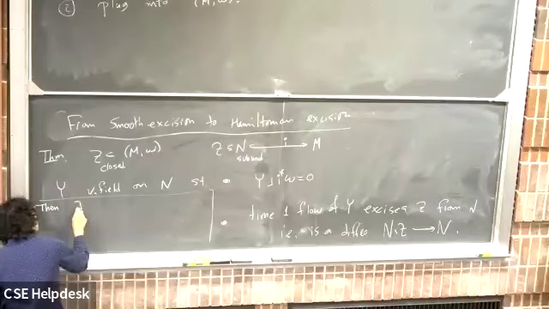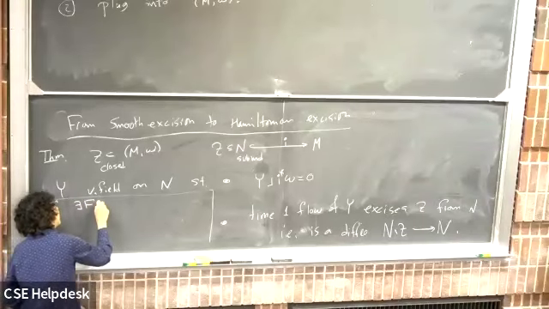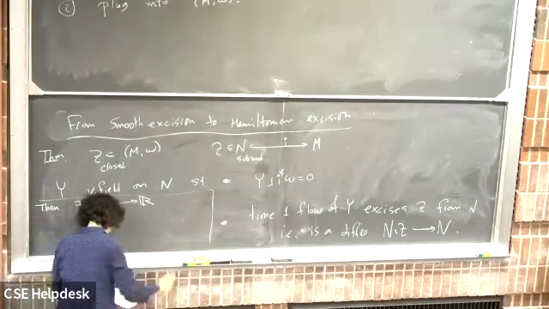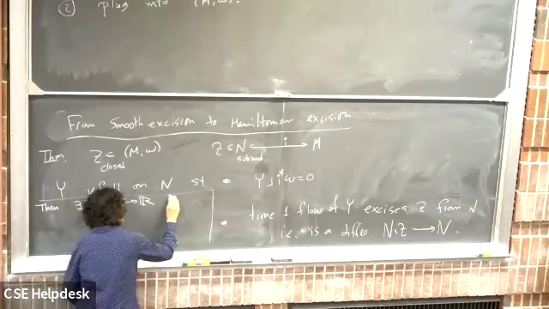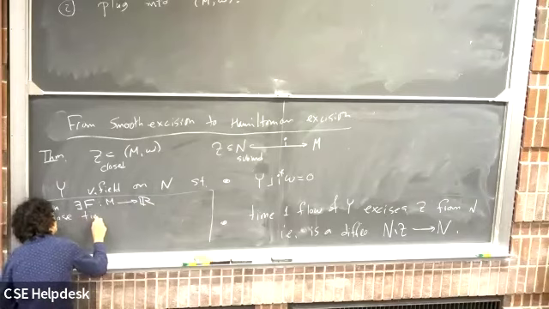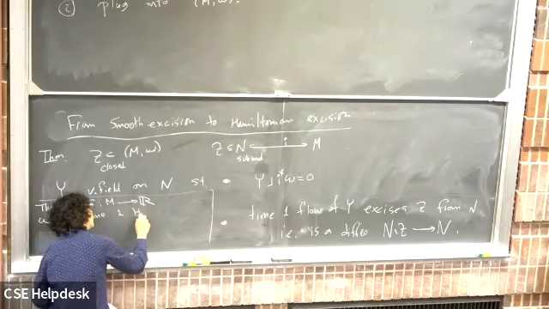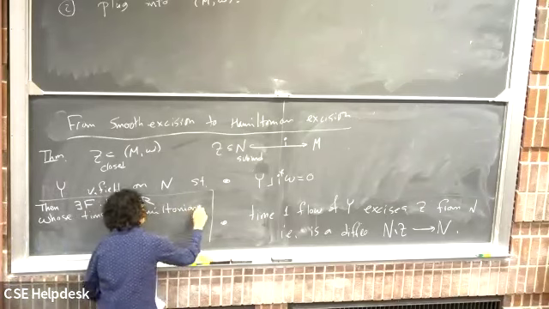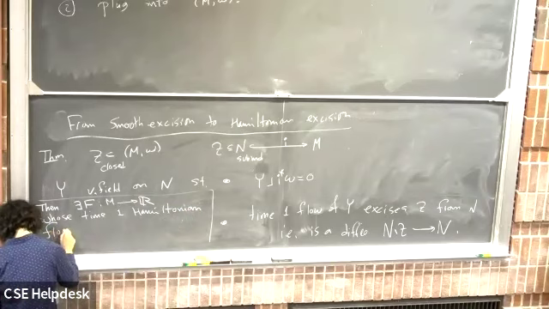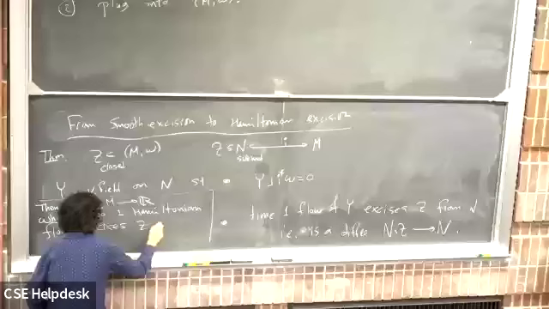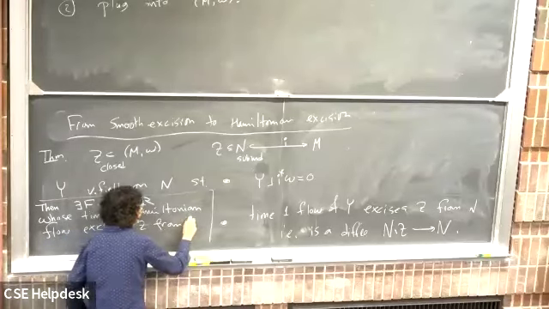Then there exists a smooth function on the manifold whose time one Hamiltonian flow excises that from the bigger ambient manifold.